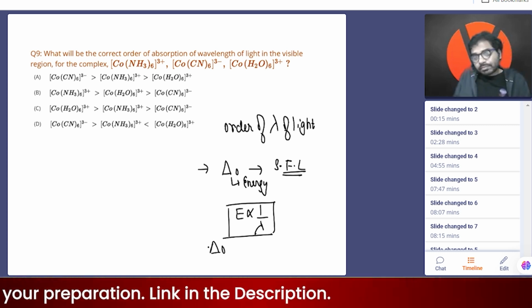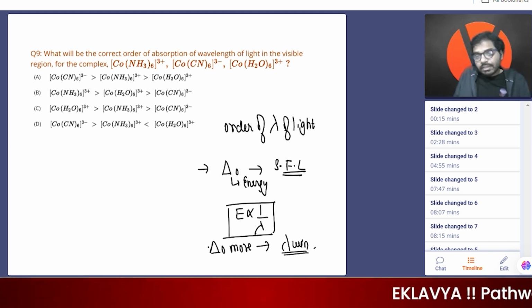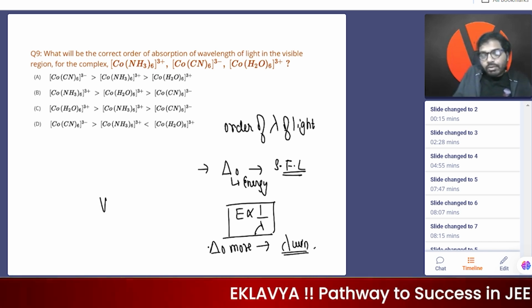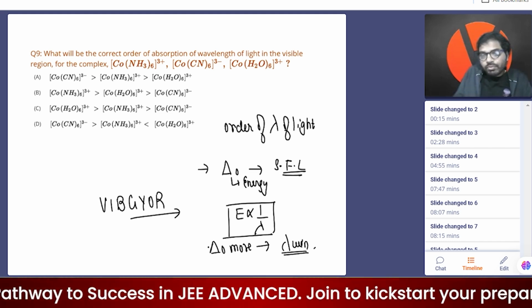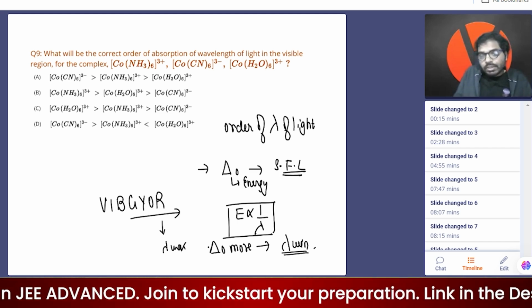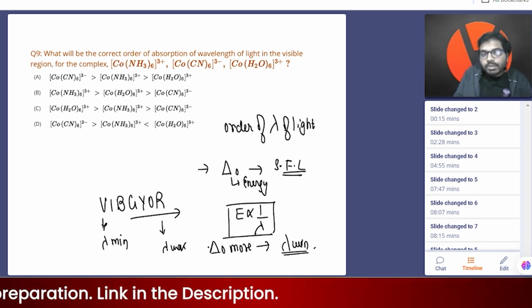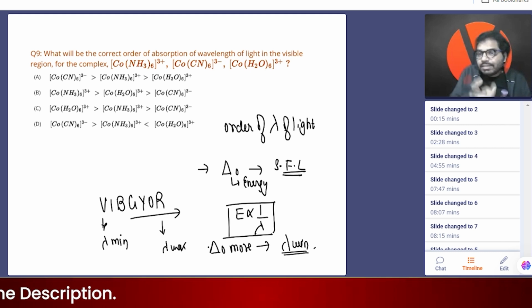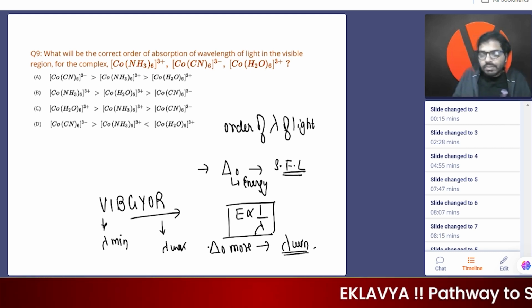So the one with more energy will have less wavelength. Now in the visible region, VIBGYOR, as we move from left to right, here the wavelength is the maximum and here the wavelength is the minimum. In this question they have not asked even the color, but for such questions we can use this.